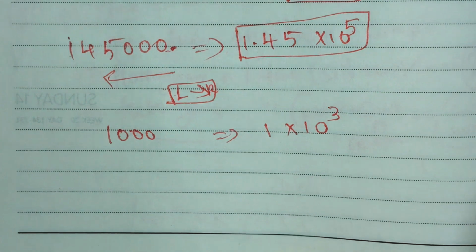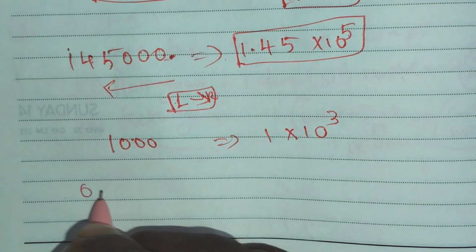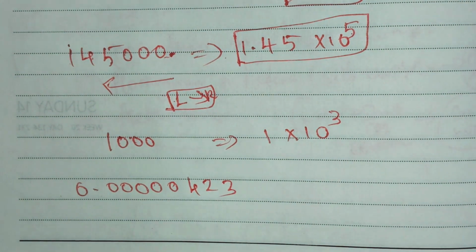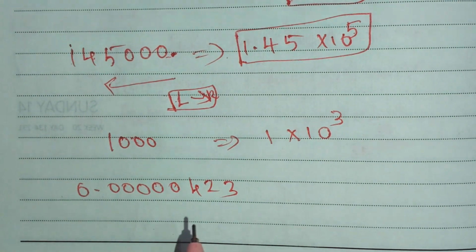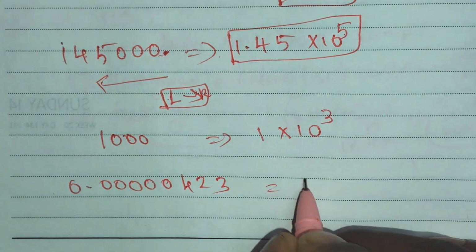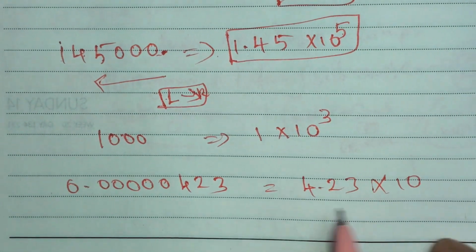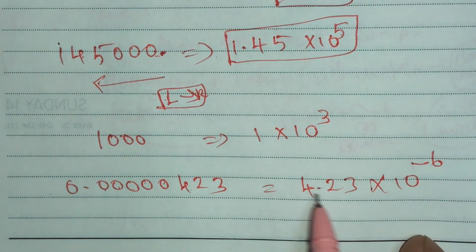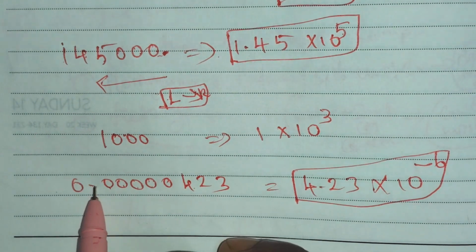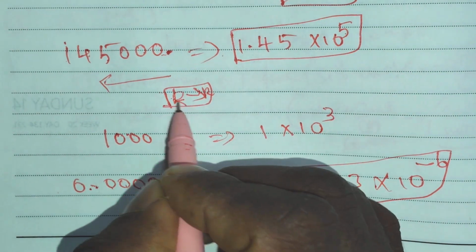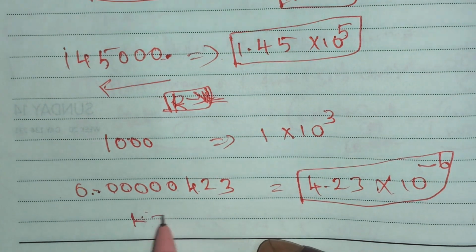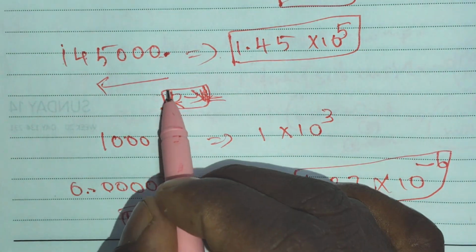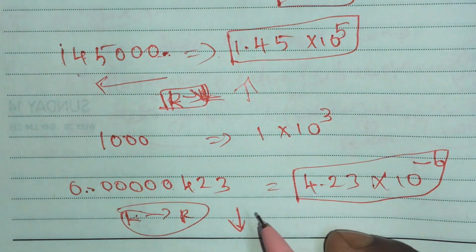See another example, 0.0000423. We can write this value as 4.23 into 10 to the power of minus 6, because the decimal point moves 1, 2, 3, 4, 5, 6 places. Here the decimal point moves left to right, and the exponent value decreases, but in the previous case, moving right to left, the exponent value increased.